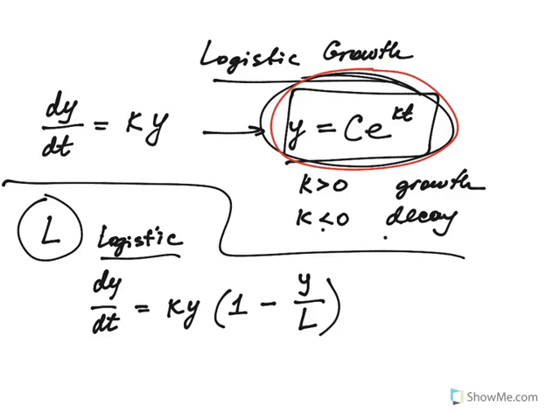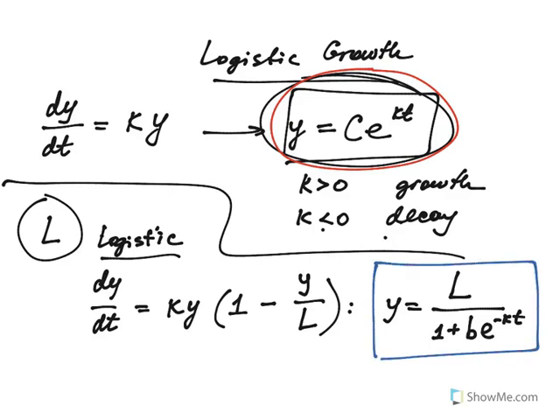So when you solve this differential equation, as your solution, you get y equals L over 1 plus b e to the power of negative kt. And that's the equation you get. Now, b and k, in this case, are constants.